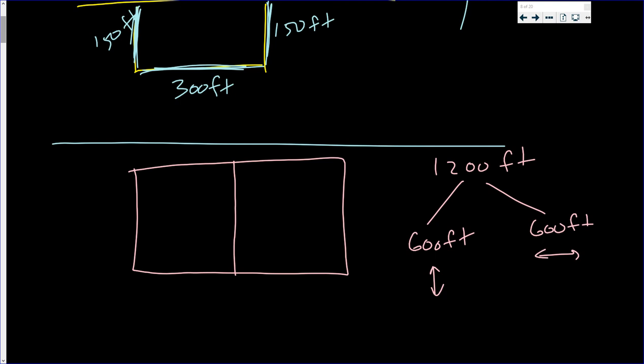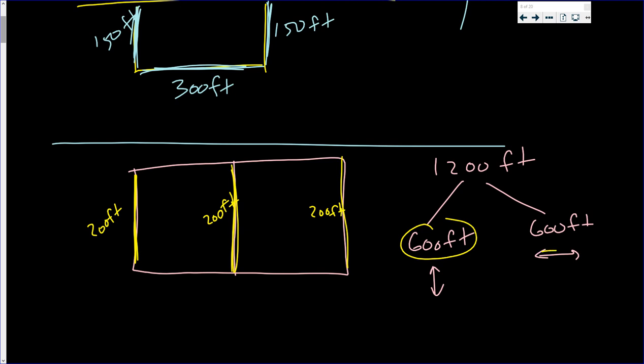Well, how many pieces are you putting vertically? Well, you're putting 1, 2, 3. Divide this by 3. So they're each going to be 200 feet long.